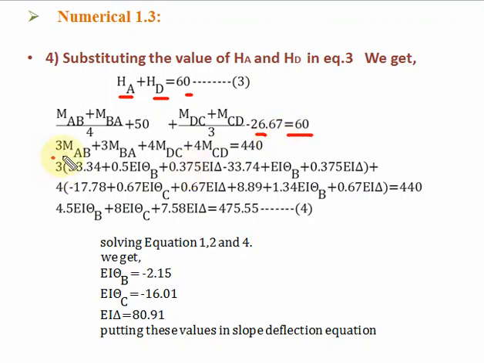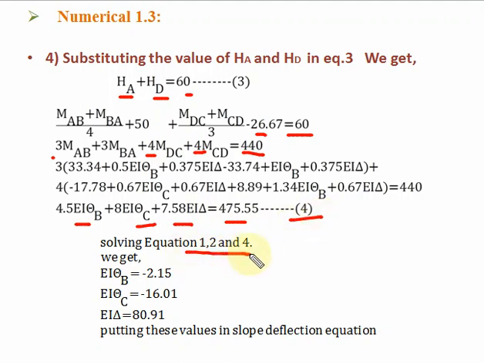Simplifying, 3 MAB plus 3 MBA plus 4 MDC plus 4 MCD is equal to 440. Putting the value of each end moment here in the equation, we have 4.5 EI theta B plus 8 EI theta C plus 7.58 EI delta is equal to 475.55. So this is equation number 4.